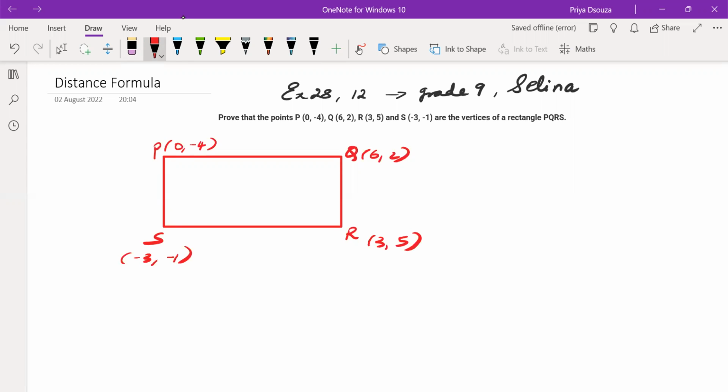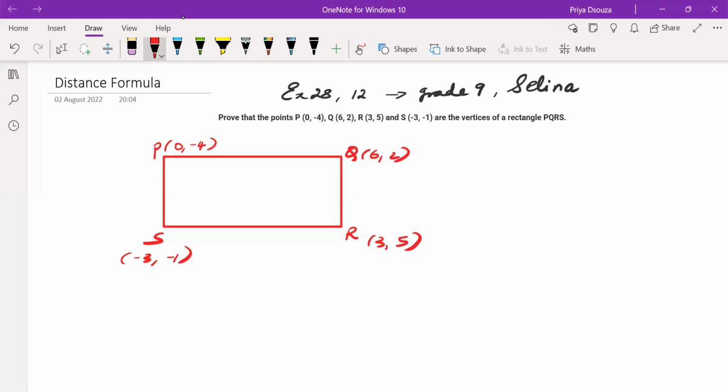See, when you have to show that a quadrilateral is a rectangle, firstly, you have to show that it's a parallelogram. Yes, because a rectangle is a special type of parallelogram. First of all, show that the opposite sides are equal, because PQ should be equal to SR and PS is equal to QR.